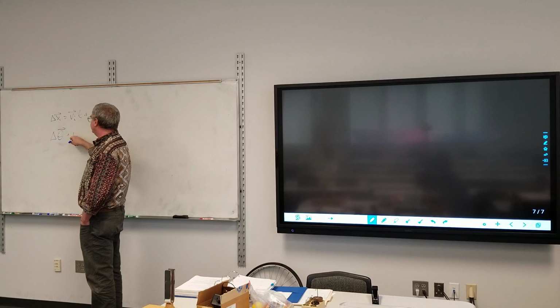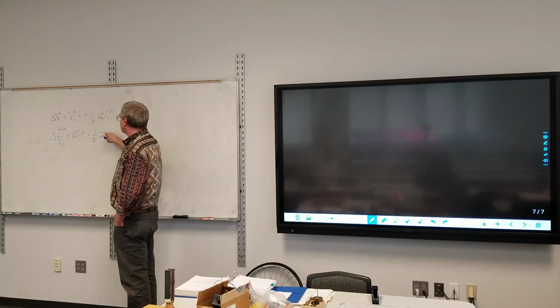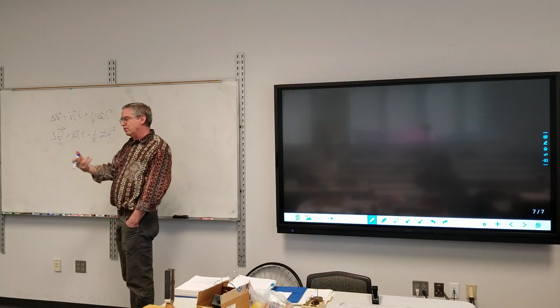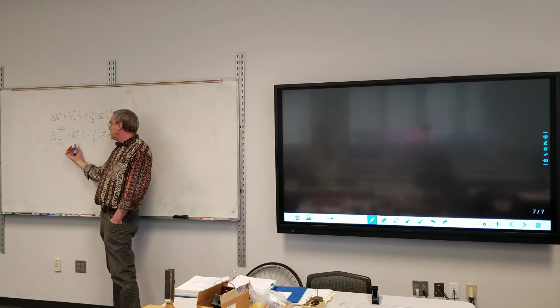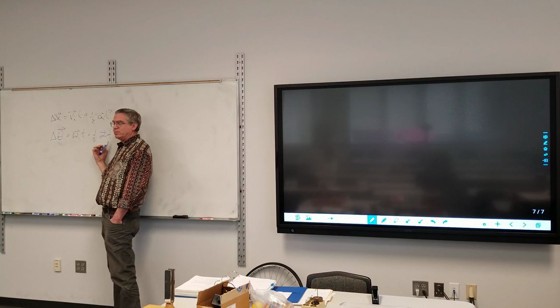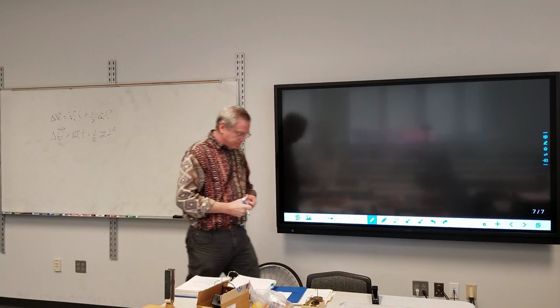Instead of v, this equals omega it plus 1/2 alpha t squared, where we just put in the rotational analogs. So the change in the angle is equal to the angular velocity times time plus 1/2 angular acceleration times t squared. That's what I mean by transliterating. Right.